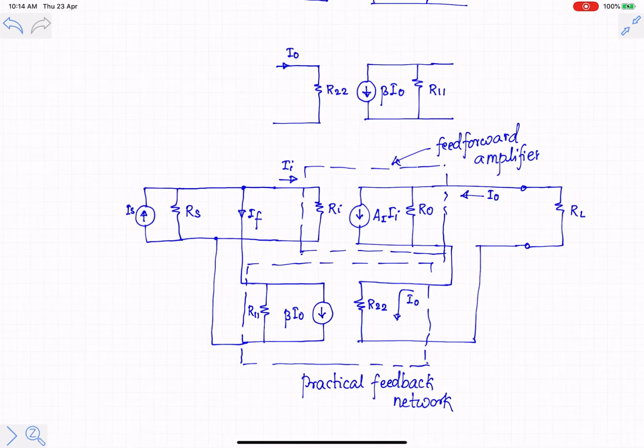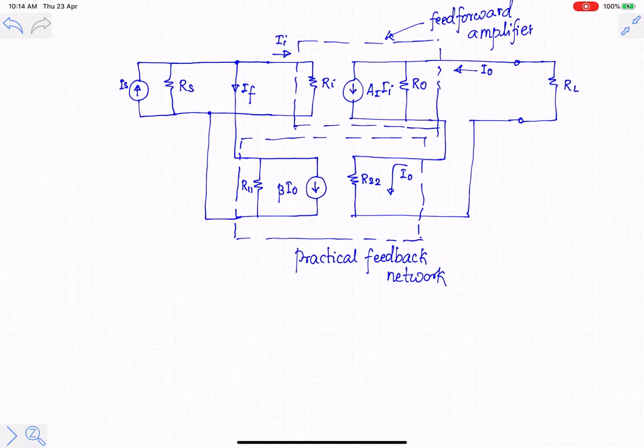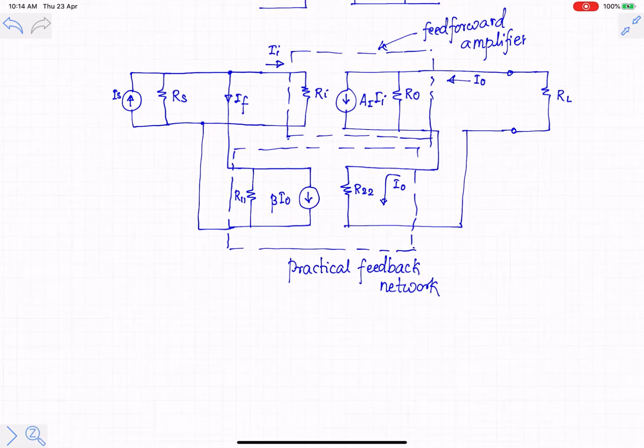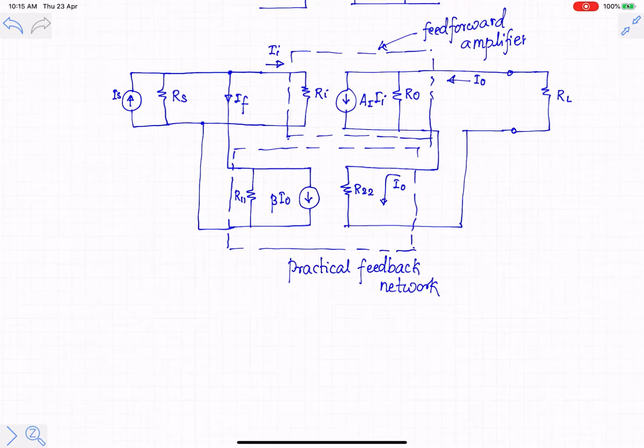Now we have to analyze this circuit to find out closed loop parameters like closed loop gain, closed loop input impedance, and closed loop output impedance. Now as this is with the loading effect of feedback network, we should find out the open loop gain with loading effect and the feedback factor beta.